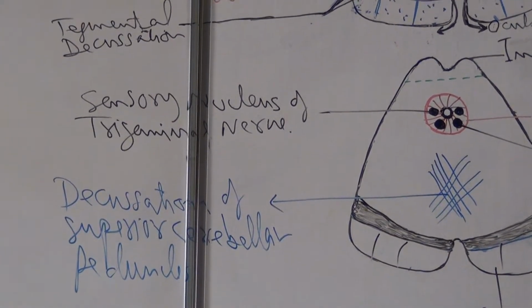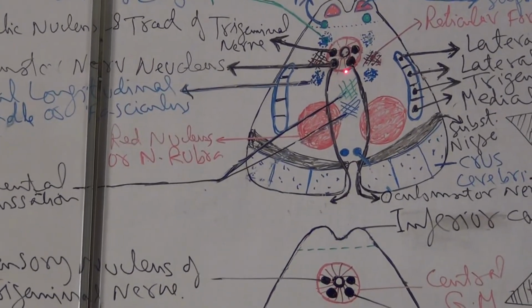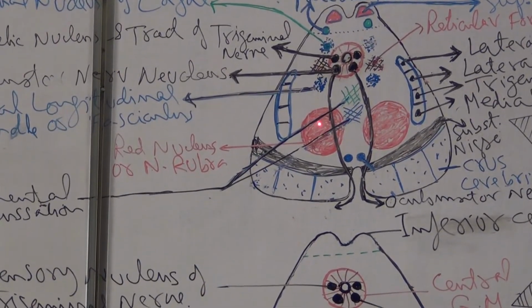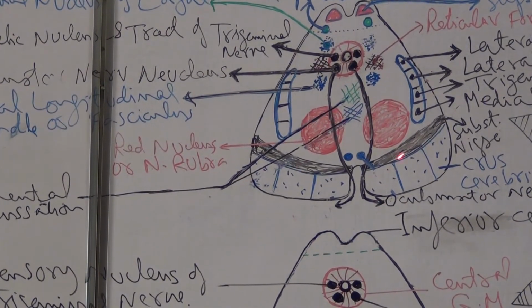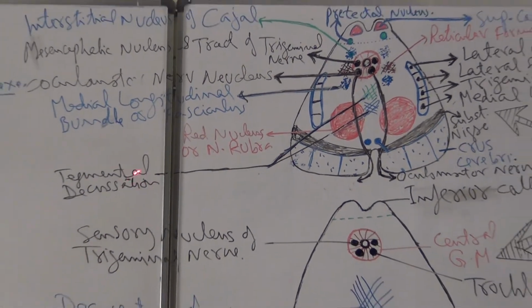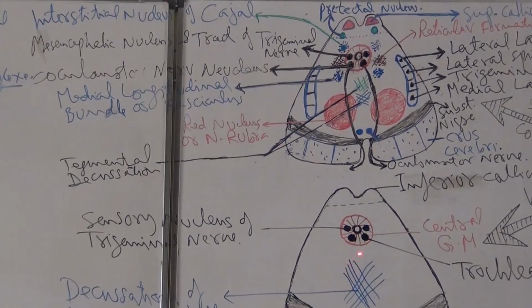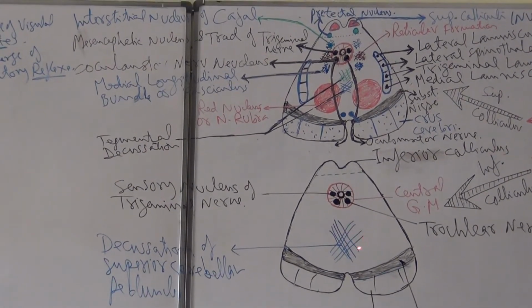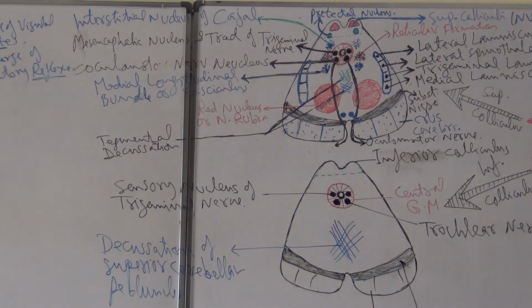In the upper half of the midbrain, anterior to the central gray matter and dorsomedial to the red nuclei is the tegmental decussation. But here in the lower half of the midbrain, anterior to the central gray matter is the decussation of the superior cerebellar peduncles.